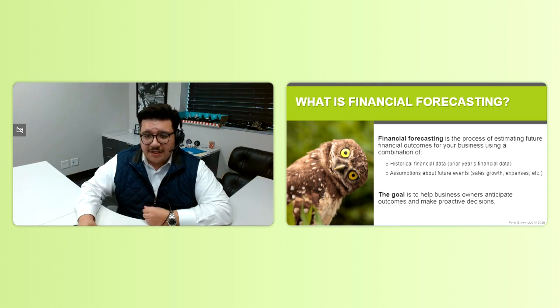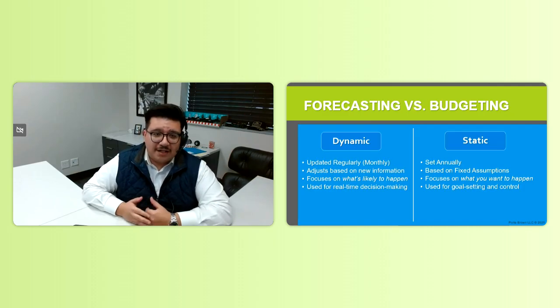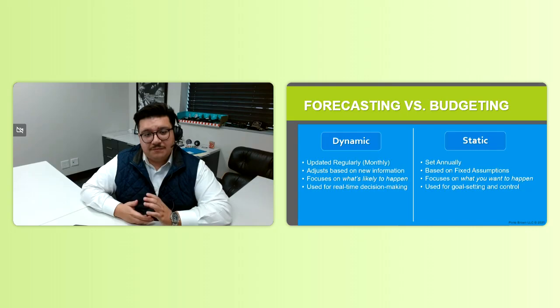So the next question to ask is, what's the difference between forecasting and budgeting? Forecasting is dynamic. You're typically updating this regularly on a monthly cycle. You're adjusting based on new information. New information could be getting additional revenue, jobs, or contracts coming in the door, or unfortunately on the other side would be losing any of that revenue.